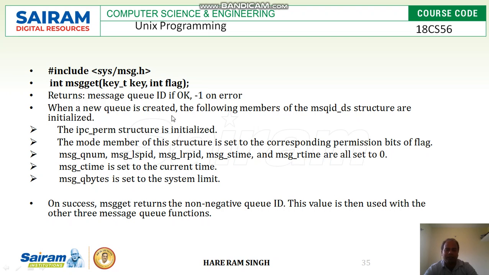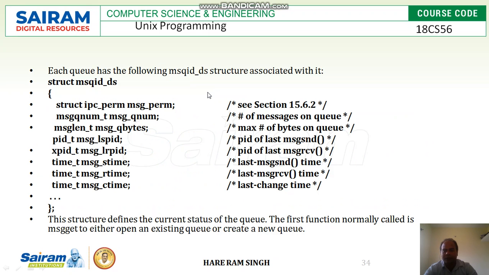When a new queue is created, the following members of the msqid_ds structure are initialized. For example, the ipc_perm structure is initialized.